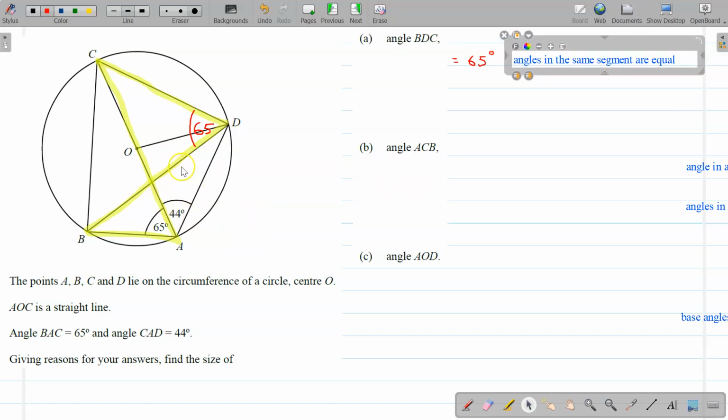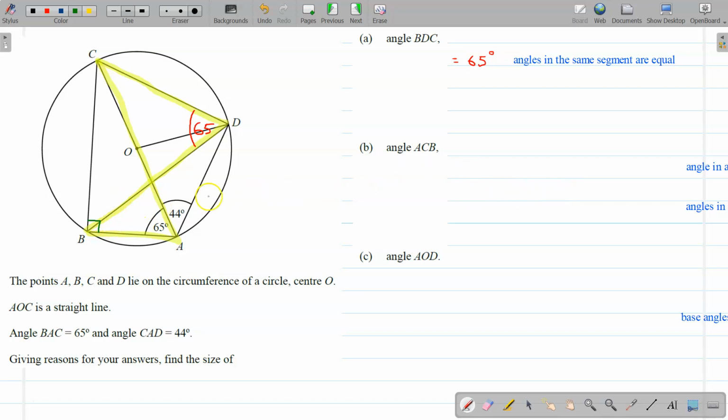You could have spent a long time working out other angles first before you got to that, but that's the quickest and simplest way. Okay, now you've got to find angle ACB. The first thing I'm going to notice, I'll put this in a different color, is that this is a right angle here, and the reason it's a right angle is because it's an angle in a semicircle.